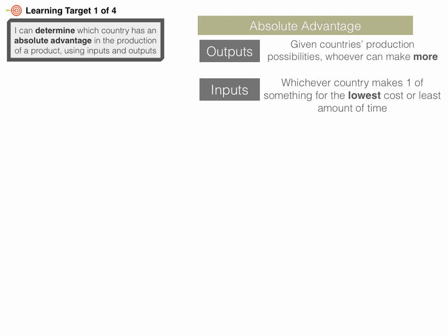Well, when dealing with inputs, the lower number the better. The cheaper the better, the lower amount of time the better, assuming it's the same product, same quality and everything. So if you're given input numbers, whichever country has the lower number has the absolute advantage in that product.